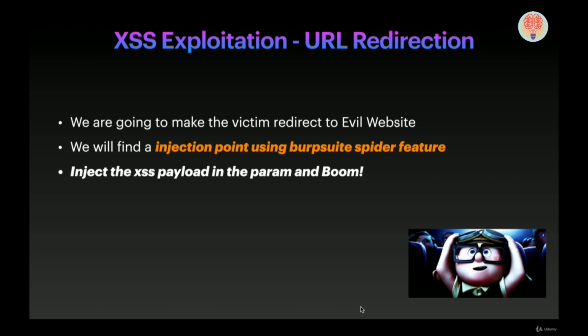So in this video, we are going to do a URL redirection in one of the parameters, and we will see if we can achieve URL redirect and make the victim redirect to our evil website. If the victim redirects to the evil website, then this is a successful exploitation of XSS using URL redirection. So let's see the video in action in which we are going to successfully exploit it.